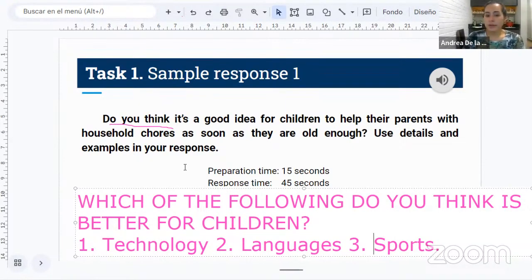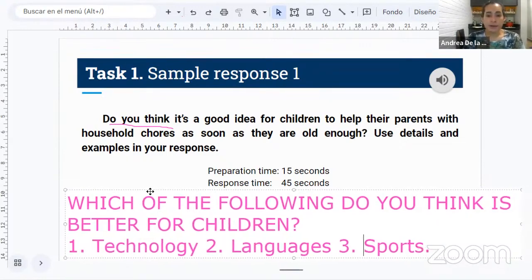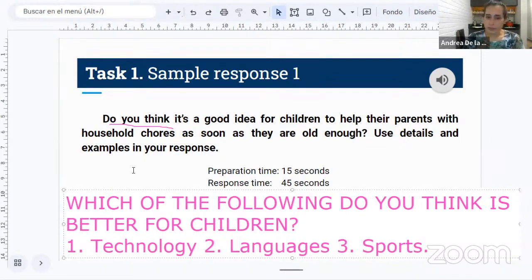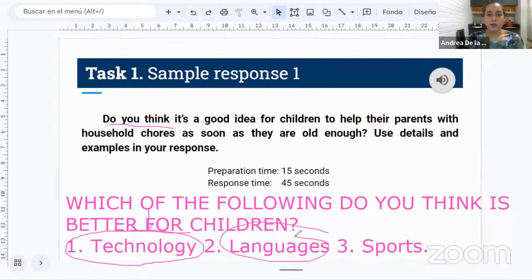One answer could be, well, I think that they could do the three of them. The three of them are equally important for children. That could be an answer in real life, but not for the TOEFL test. In the TOEFL test, you need to make sure that you always choose one of the options. So you need to focus only on technology, only on languages, or only on sports.